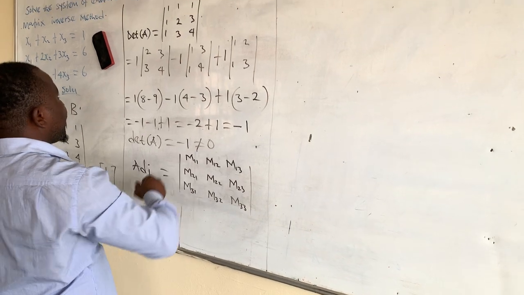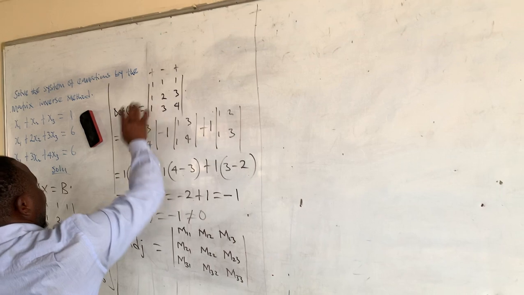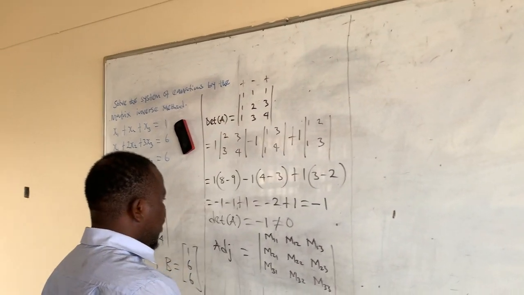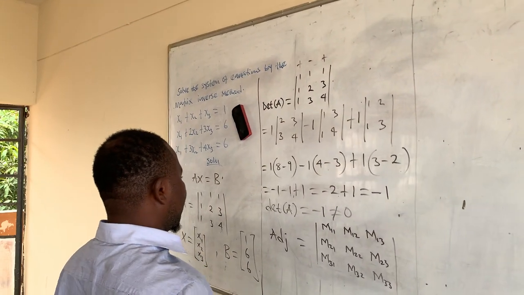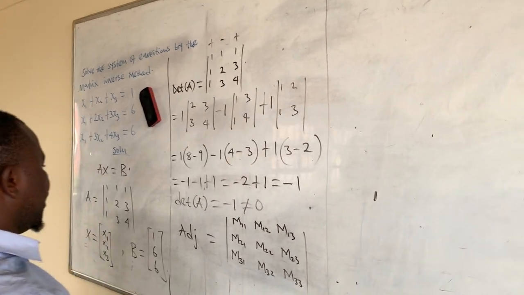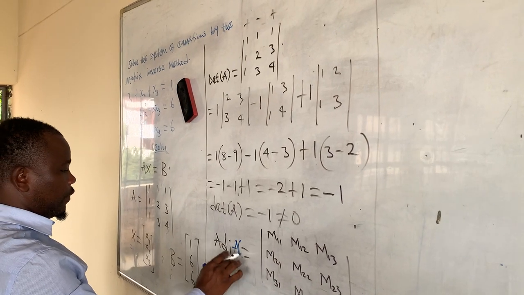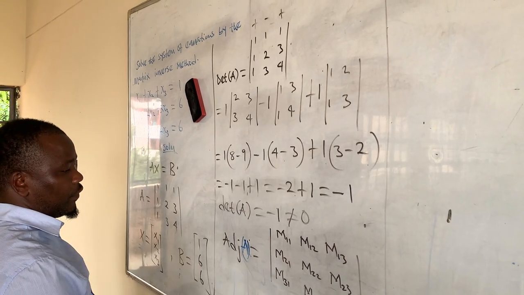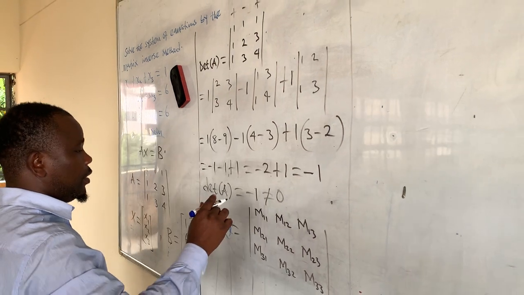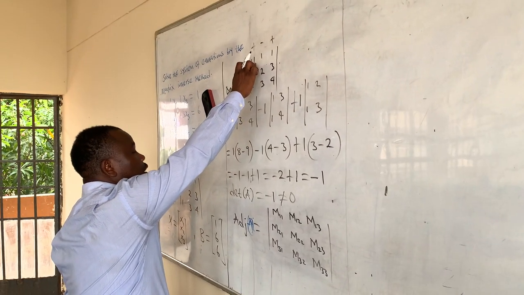we will now come back to matrix A. If we come back to matrix A, we know very well that for the adjoint of A, this is our M11.